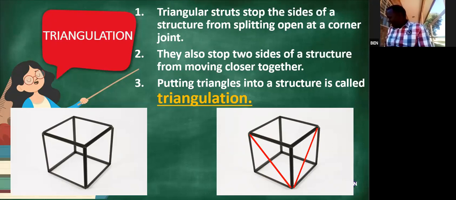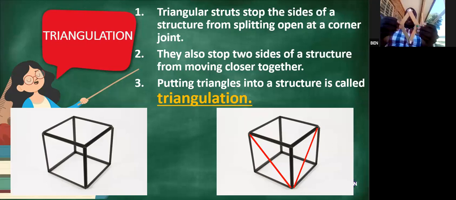Now, if I have a shape like this one, let me quickly show you. Here is a shape that I have, what we call a rectangle. In this rectangle, you can see this side and that side will just collapse like that.